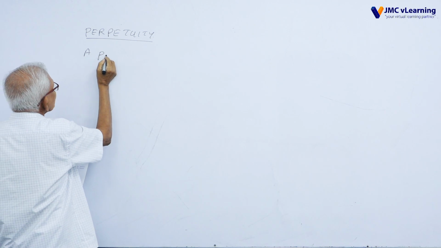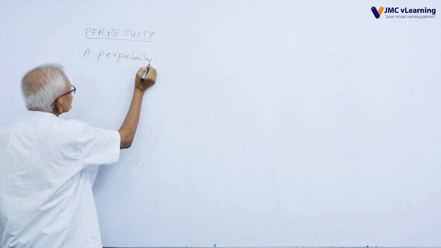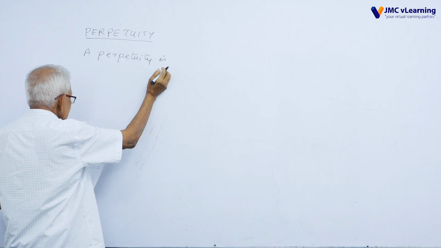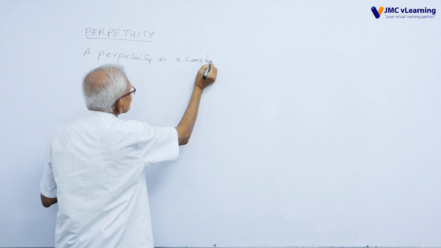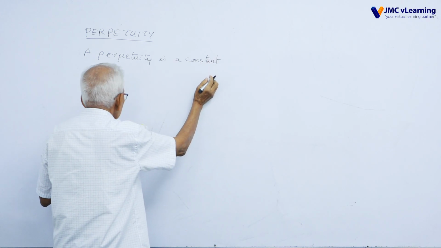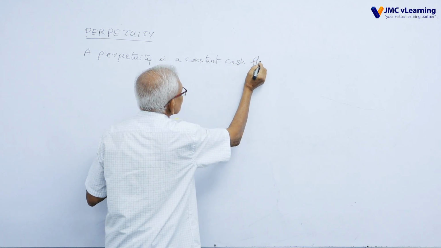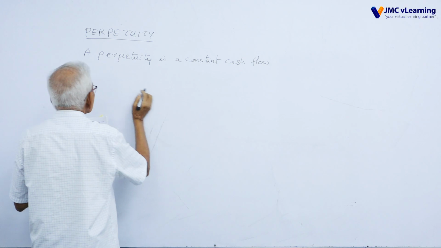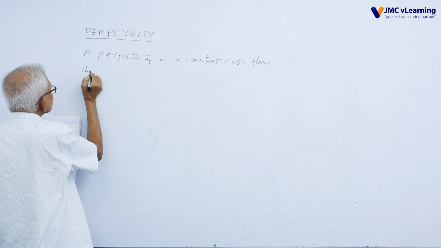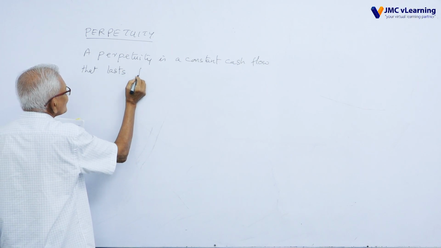Definition of perpetuity: a constant cash flow that lasts forever.